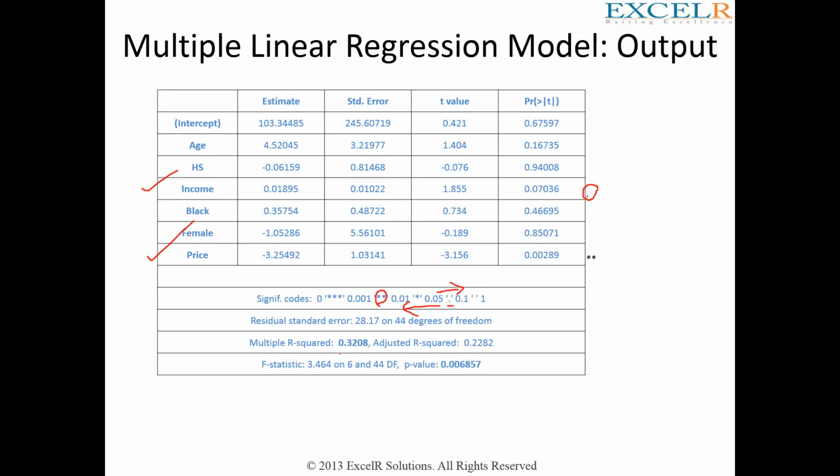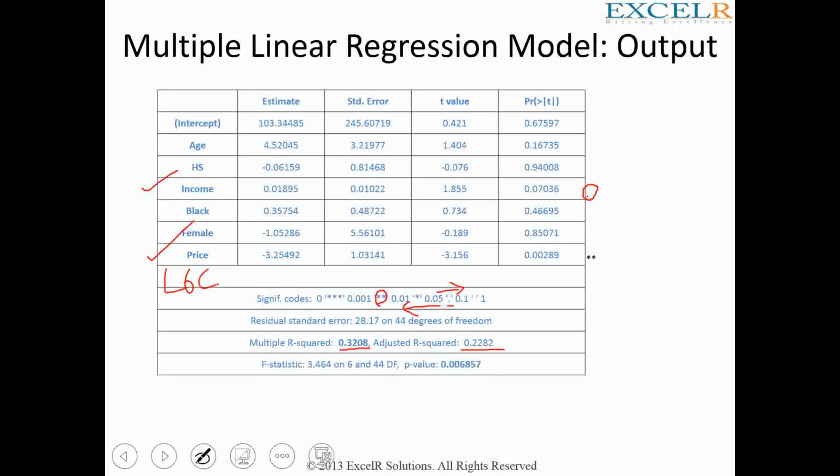And if I look into the R squared value, what's happening here? Yesterday I explained to you the difference between R squared value and adjusted R squared value, right? If you add new variables, say you have age, high school, income, black, female, and price, what if I add something called location of the person, where he is stationed as of now, where he is living?